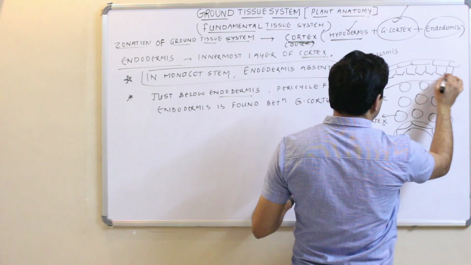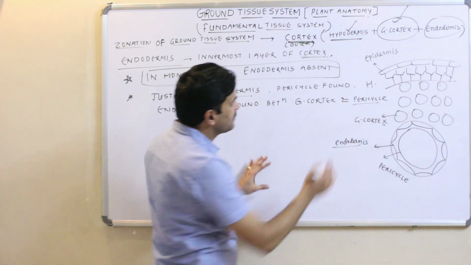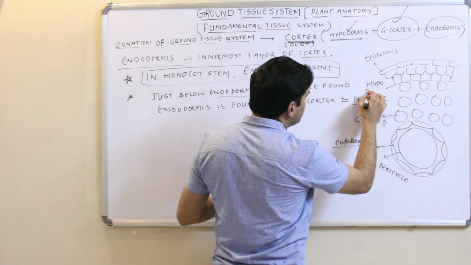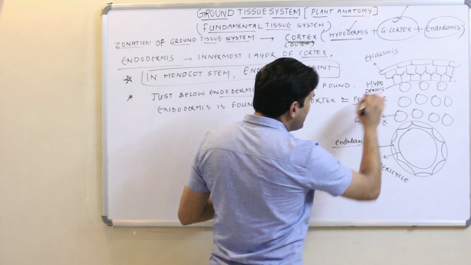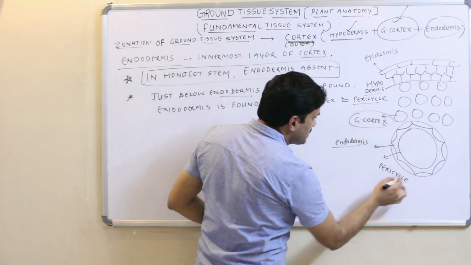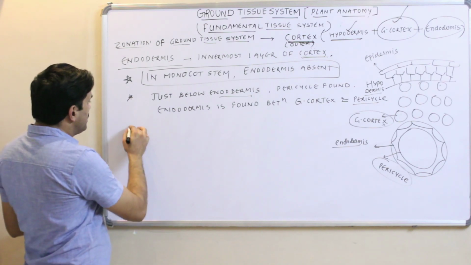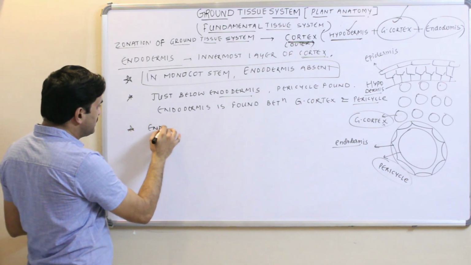Fine. So can I say that endodermis is found between general cortex and the pericycle? Got it?